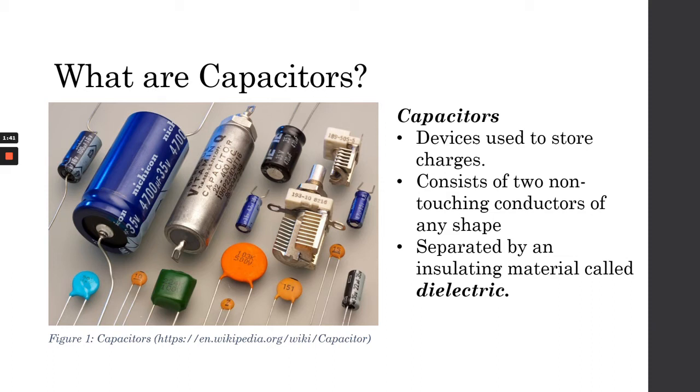It's an insulating material that helps increase the capacitance. Later, I will discuss what capacitance is. The simplest example of a capacitor is just a parallel-plate capacitor, which we'll be discussing a lot in this lesson.